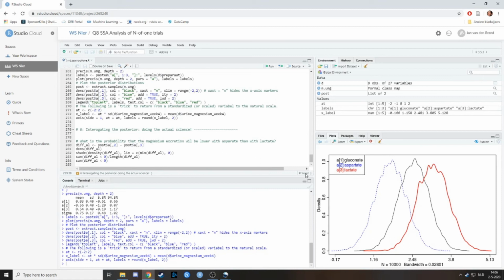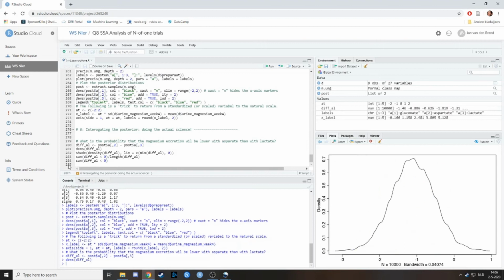So to do this, we can take the difference between the posterior distributions for lactate and aspartate. So lactate was number 3, and aspartate was number 2 in blue, and we can show this difference.